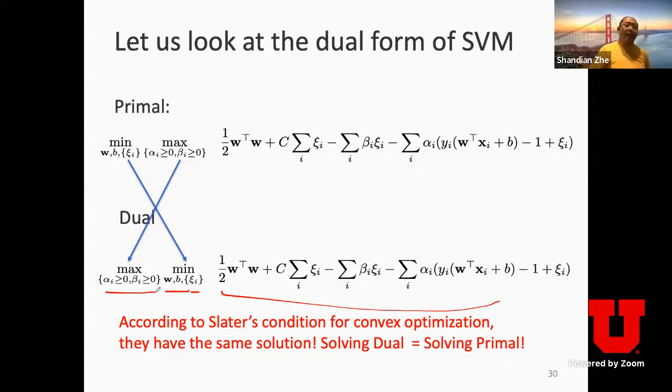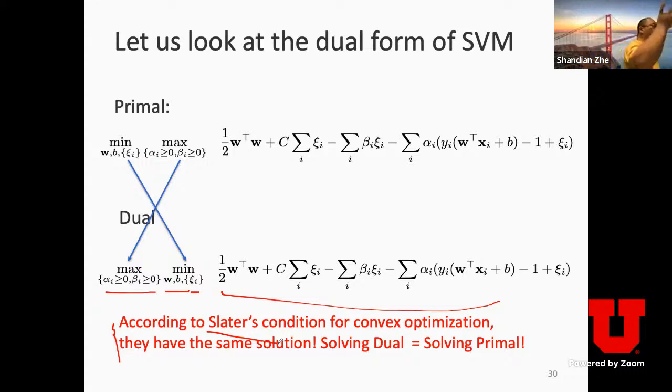Right? And as to why doing this order switching won't change the optimization results, it comes from some famous theorem in convex optimization. So basically, if you're solving a convex optimization problem, and if you satisfy this so-called Slater's condition, then primal form and dual form are equivalent. And what does it mean for Slater's condition?